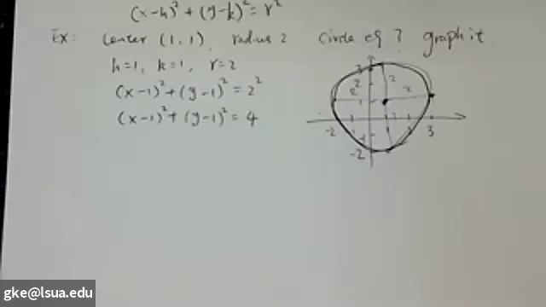You have a point and a radius. So the radius goes around this point, right? That is 2. So any point on the circle, the distance between the point on the circle and the center should be 2, right?